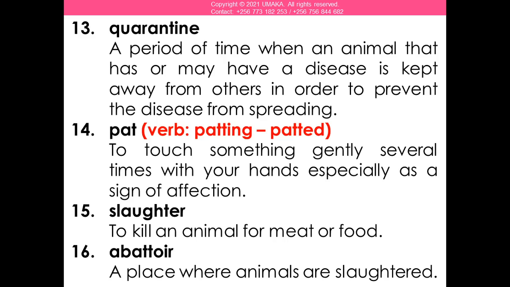After it had been slaughtered, the veterinarian checked it to ensure that people don't slaughter animals that have diseases. All together. So an abattoir is a place where animals are slaughtered. All together, class? Good.